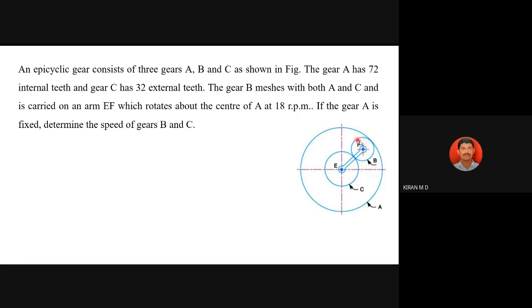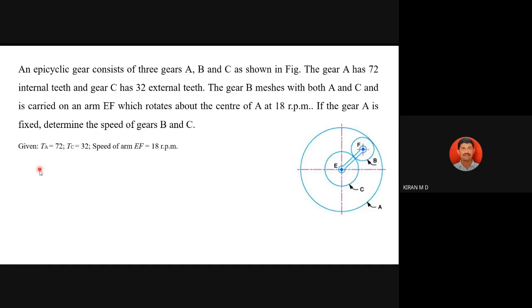When the arm rotates in counterclockwise direction, gear B will rotate in clockwise direction, and gear C will rotate in counterclockwise direction. We will get the directions later. So if gear A is fixed, determine the speed of gears B and C. This B and C speed we need to find.